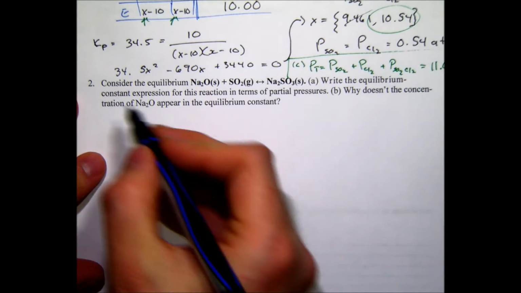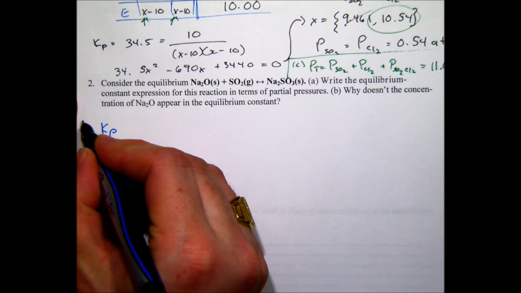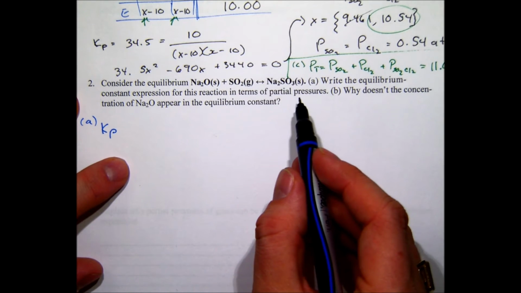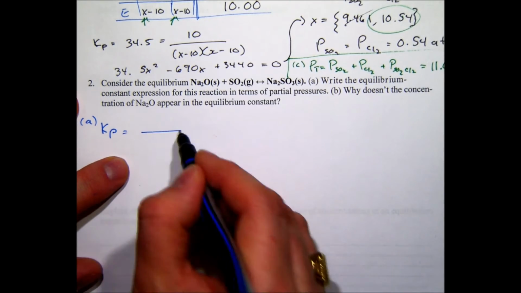So now we move on to question 2, which simply is a little bit of theory. It says consider the equilibrium of Na2O solid plus sulfur dioxide giving Na2SO3, or sodium sulfite. It says write the equilibrium constant expression in terms of partial pressures. So Kp for A is equal to the products over the reactants.